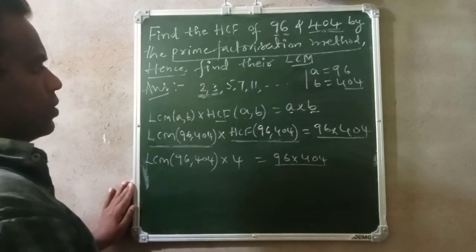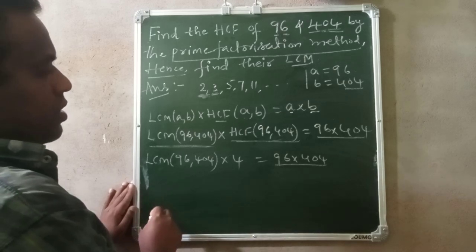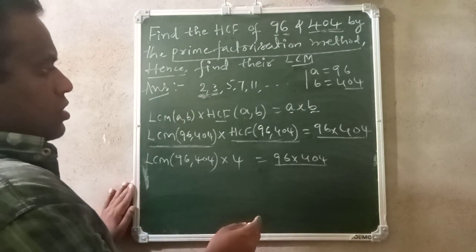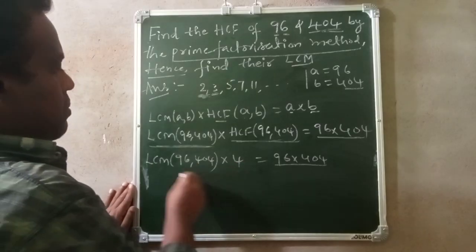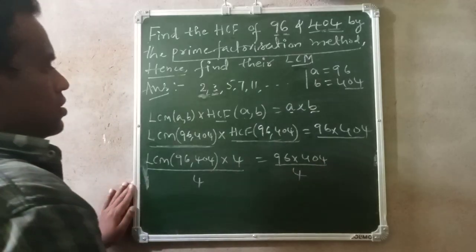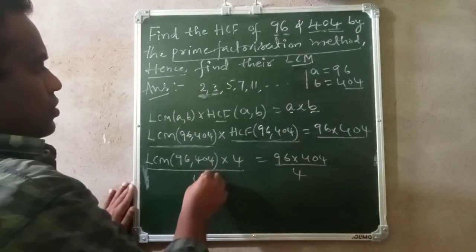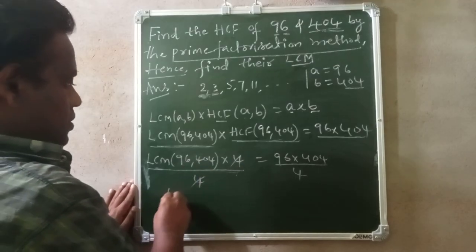Next what I will do: we want LCM, we don't want this 4. So to remove this, I will divide both sides by 4. So this 4 cancels out. Now whatever is there, write it here.